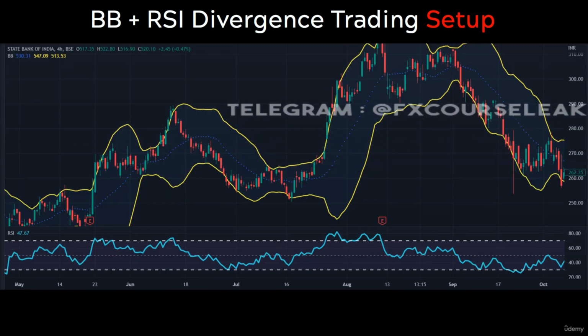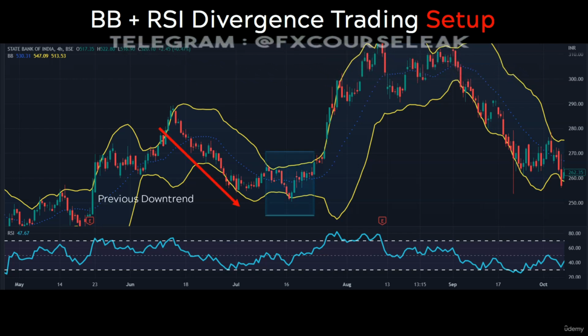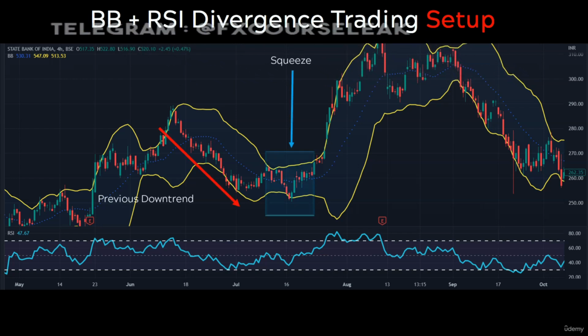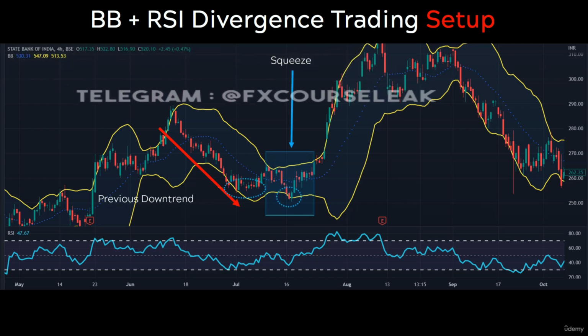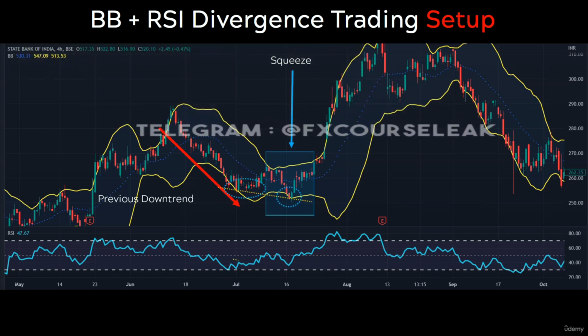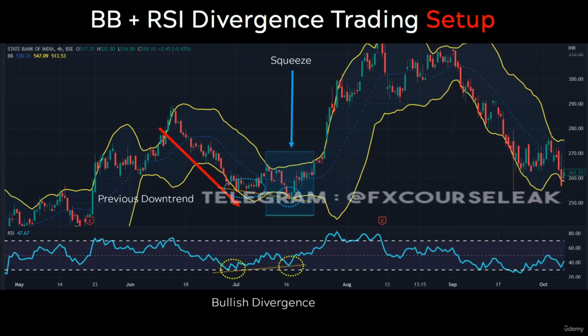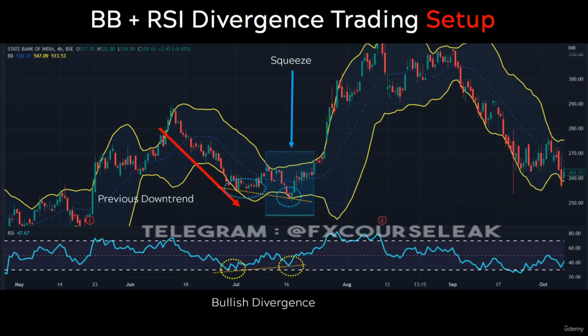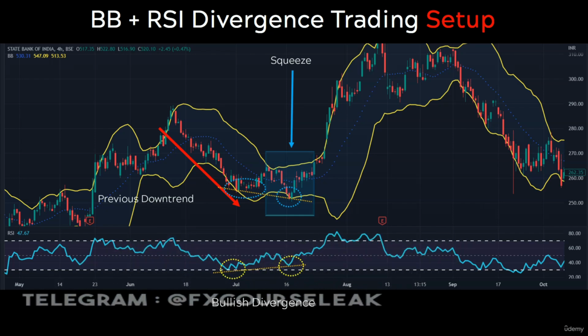Now this is the chart of the stock State Bank of India and just notice this contraction in Bollinger Bands after a downtrend. Also note price is making a lower low here but RSI on a contrary is making a higher low, which indicates possible reversal, that is RSI divergence is there. So Bollinger Band contraction plus RSI divergence, which are both signals of future correction or reversal, thus makes a very high probability trading setup.